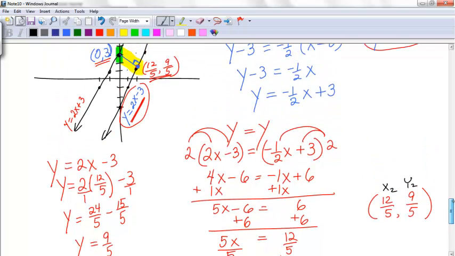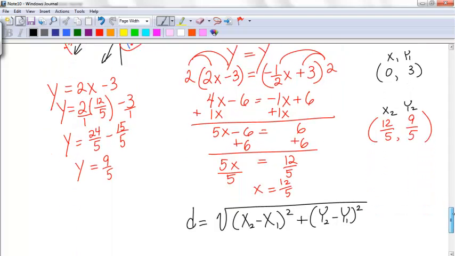The other one, (0, 3), I labeled as my x sub 1, y sub 1. So when I fill in, I've got 12/5 minus 0, quantity squared, plus 9/5 minus 3, quantity squared.